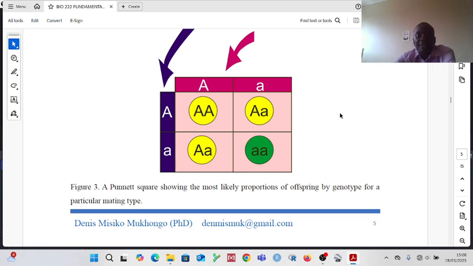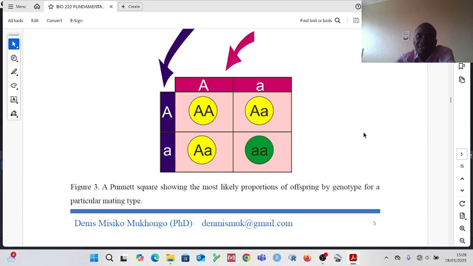So in terms of phenotype, we will have 3 yellows and 1 green. That's the phenotypic ratio. But in terms of genotype, phenotype is the appearance, but genotype is the genes, the alleles that are present, the genetic constitution of an organism.